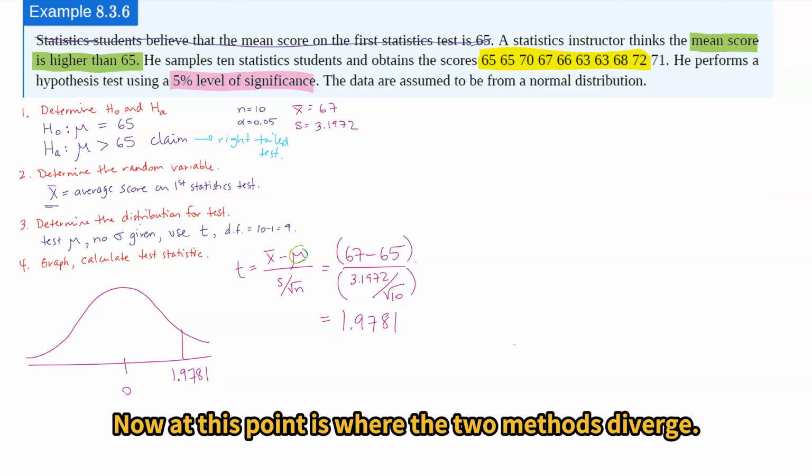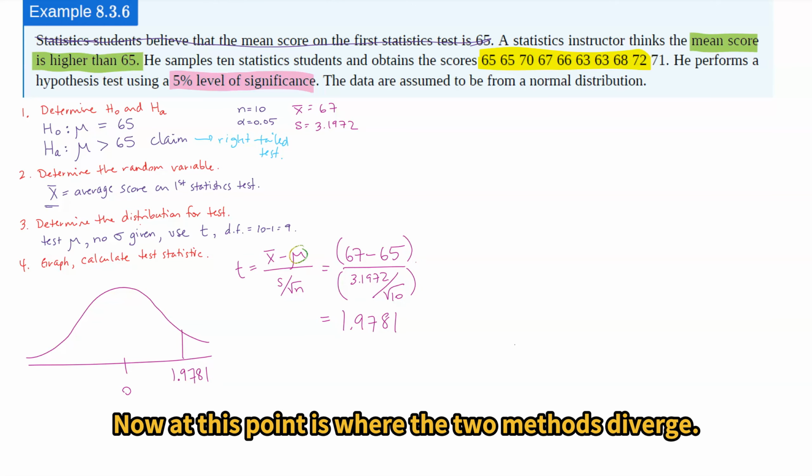So if I put that on the graph and compare it to 1.9781, I notice that 1.8331, my critical value, which I'm going to write right here, critical value, test statistic. With the critical value, remember the critical value separates the area into a critical region or a rejection region and a non-critical region.